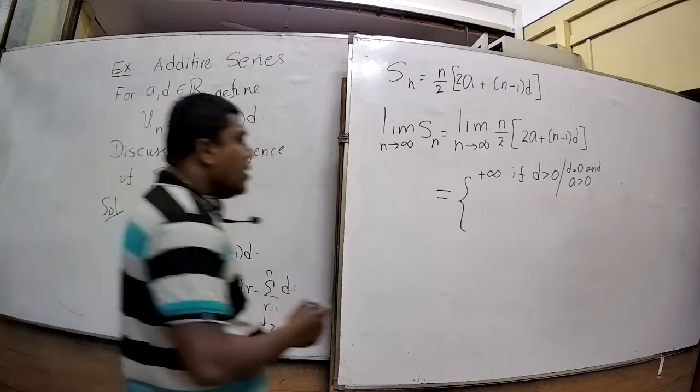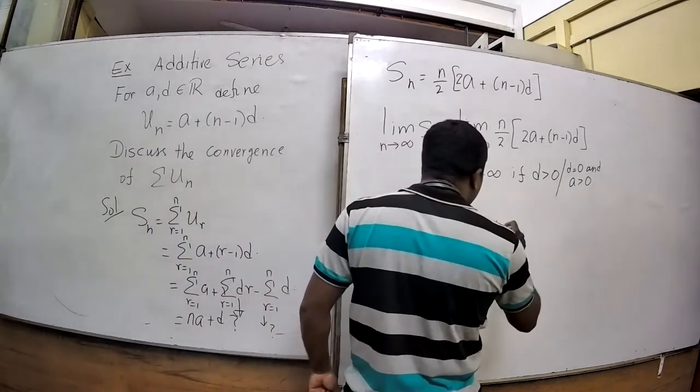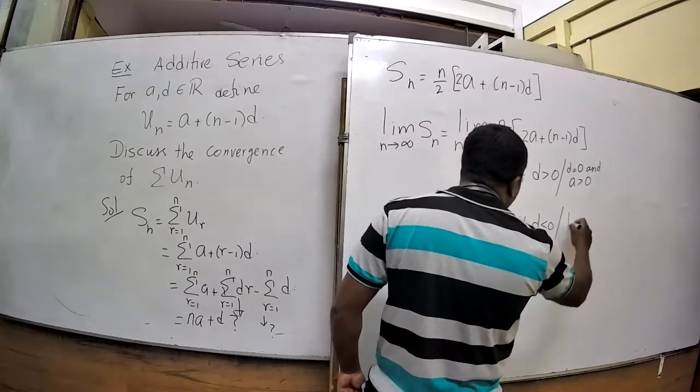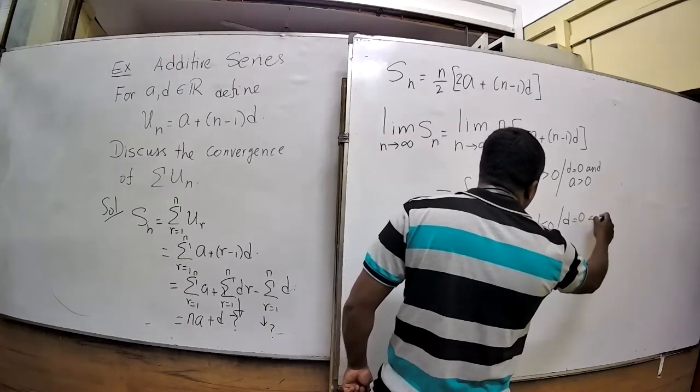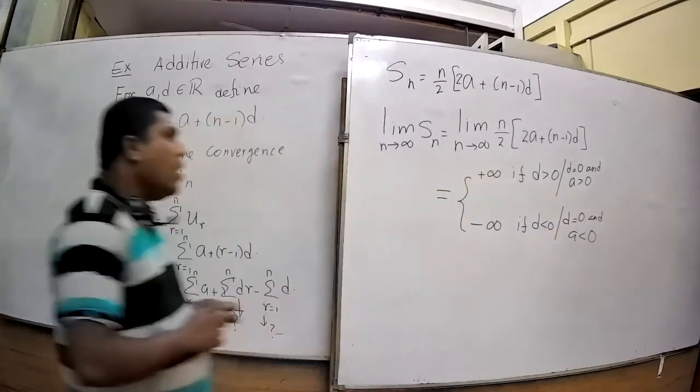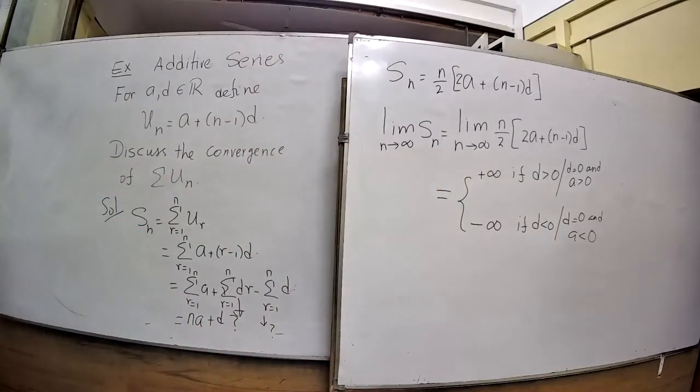Otherwise, it will go to minus infinity if d is negative, or d is equal to 0 and a is negative. If d is strictly positive, it doesn't matter about the other case, it will go to plus infinity. If d is negative, then also it will go to minus infinity without any doubt.